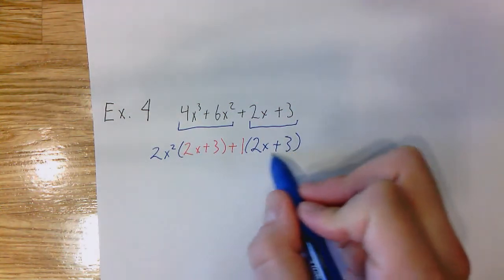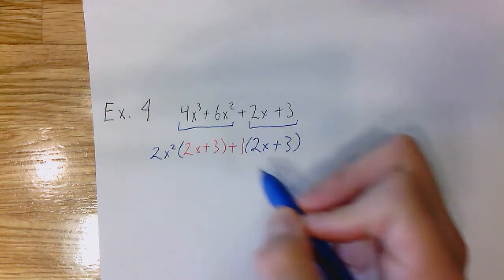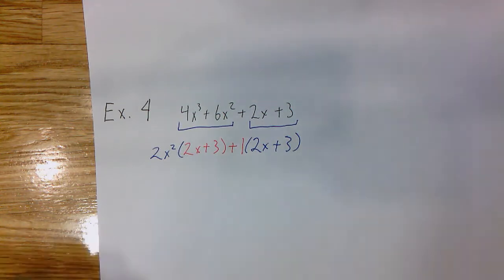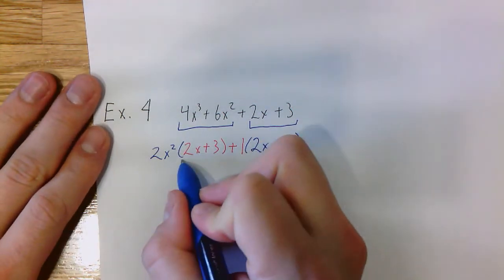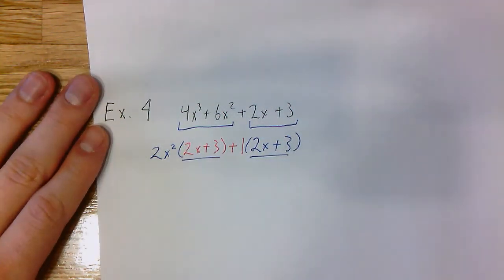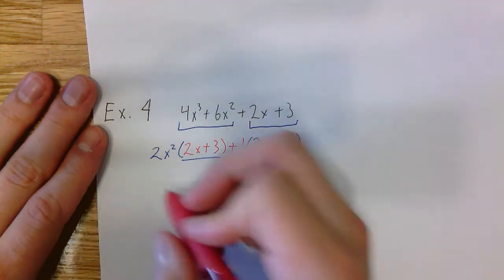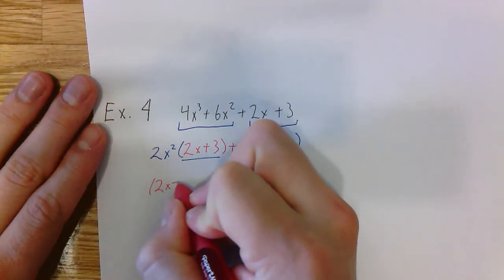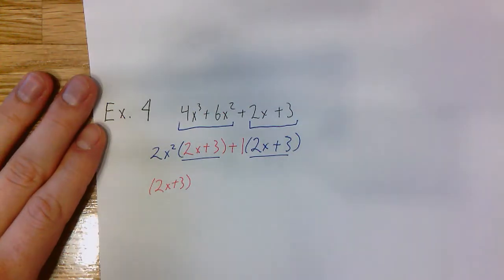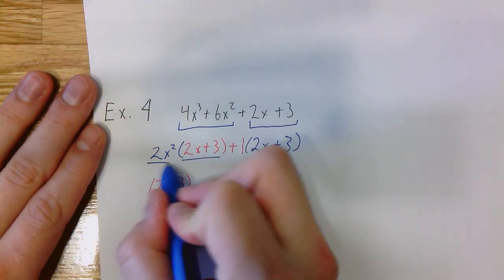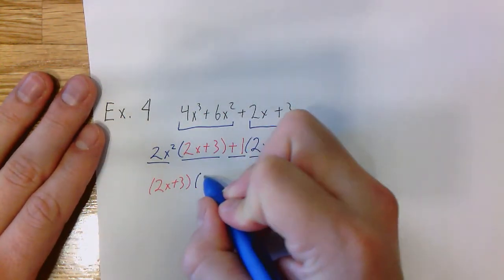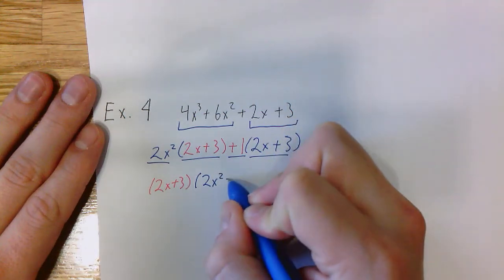So do you see how this doesn't change, but we get this weird 1 in front? You want to make sure you have the 1. So now, this and this are like terms, so we factor them out again. So we have 2x plus 3, and then we group our coefficients together, 2x squared plus 1.